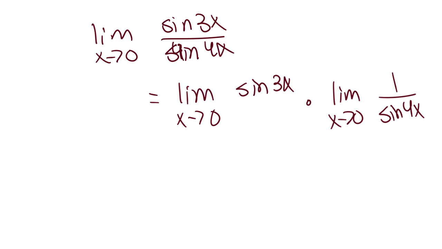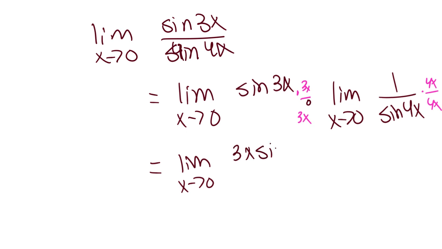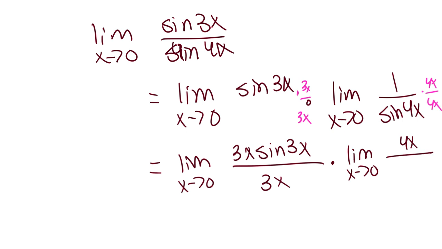Do you agree? Okay, remember, I got to have it to be the same on the top and bottom. So I need to multiply this by 3x over 3x. I need to multiply this by 4x over 4x. So then I have the limit as x goes to 0 of sine 3x over 3x times 3x, times the limit as x goes to 0 of 4x over sine 4x times 1 over 4x.